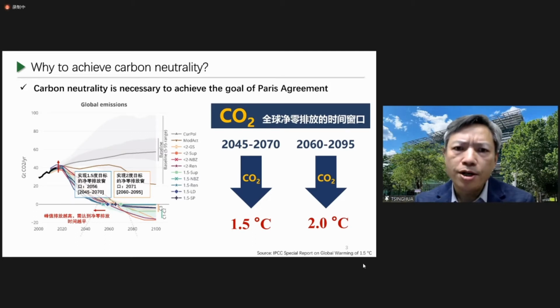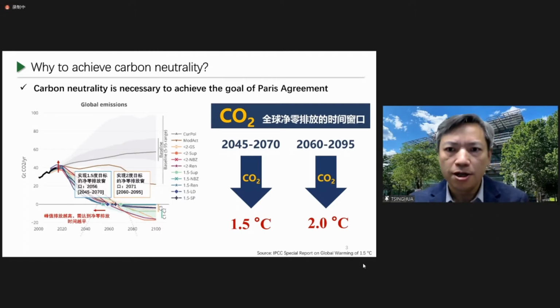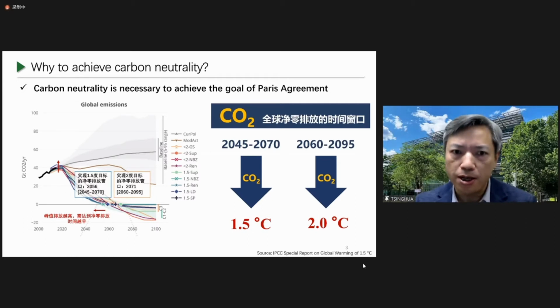Firstly, why should we achieve carbon neutrality? Paris Agreement sets up a goal to limit global warming to well below 2 degrees Celsius, preferably to 1.5 degrees Celsius, compared to pre-industrial levels. It is already known that to achieve 2-degree target, the world must achieve net zero carbon emissions in the second half of this century.